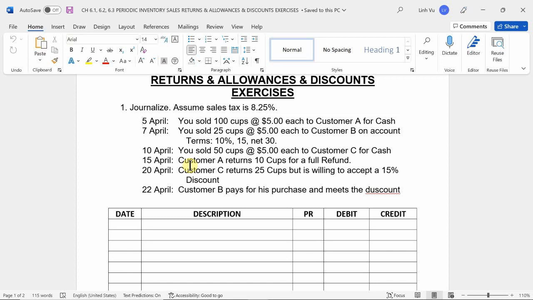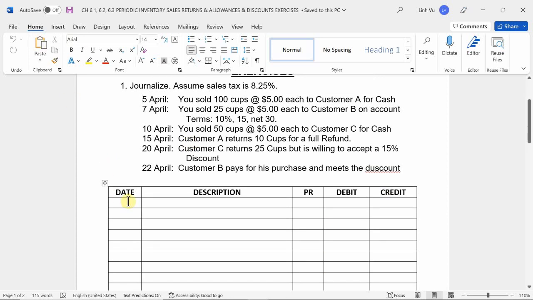So here on April 5th, you sold 100 cups at $5 each to customer A for cash. So how are you going to journalize this transaction?